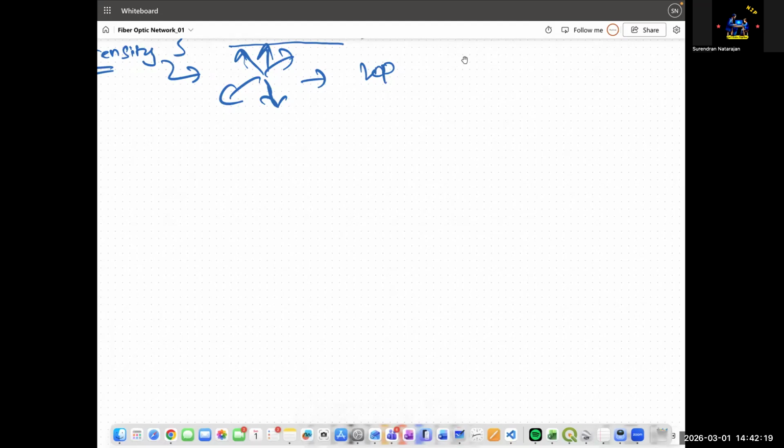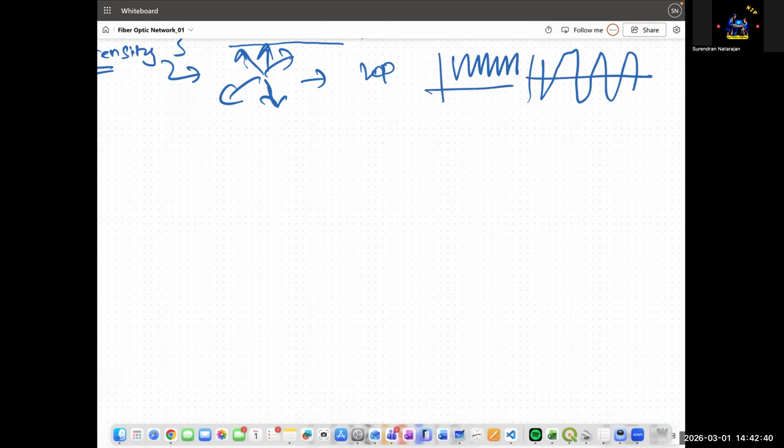Okay, so here what we are doing is changing the direction of the light, either traveling vertically or in the horizontal direction. You got it? So in general, light is traveling in almost all directions, omnidirectional.